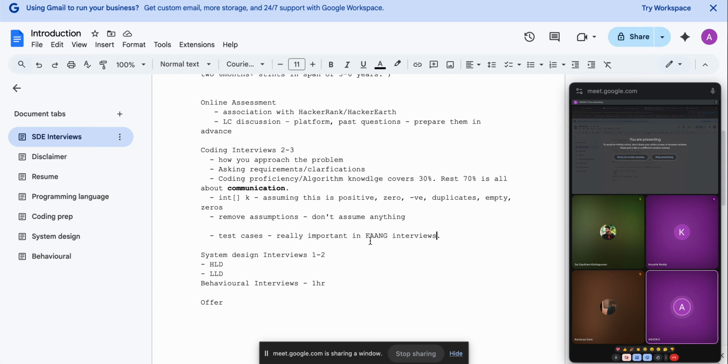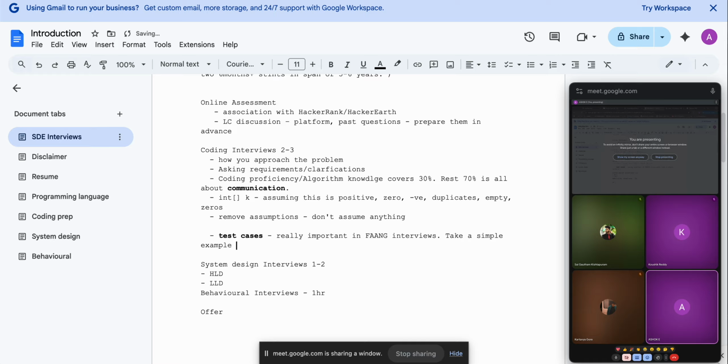For example, Meta looks for quick coding, speed coding, so you cannot spend more time on test cases. But for Google, test cases are very important, right? They want to evaluate how you are thinking, like what is your test case thinking, right? So you need to make sure you take a simple example and then run through the problem, right?